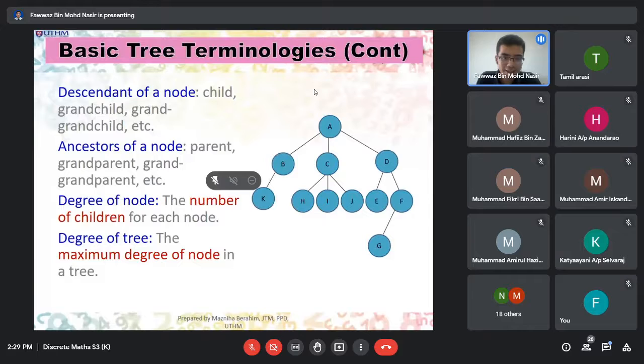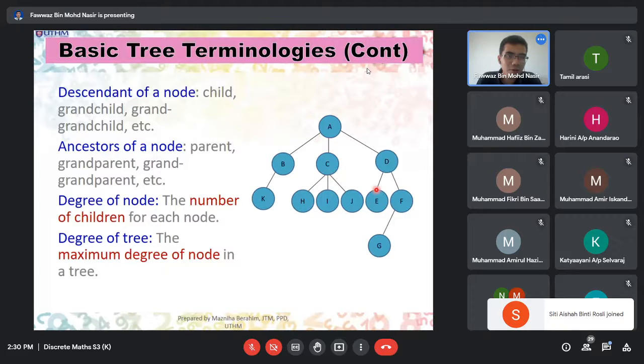Okay, ada soalan ni, degree of a tree. Basically dia ada dua. Kalau degree of a node, kita just kira bilangan children yang node tu ada. Contohnya degree of node C is 3 sebab dia ada 3 children. The degree of node D is 2, E and F. The degree of node G adalah 0 sebab dia tak ada children. Tapi kalau soalan dia tanya the degree of a tree, we just sum up the degree of all nodes di dalam tree berkenaan.